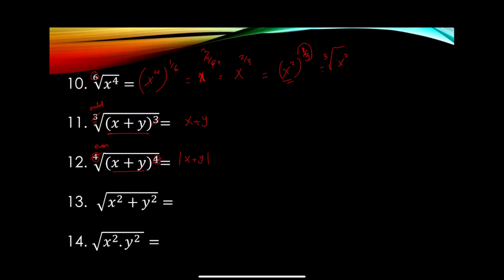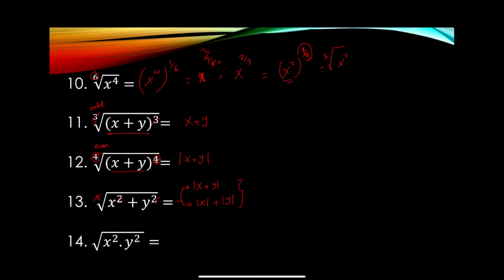Example number 13, and be careful here. I've seen a lot of students do the following. Either they do, the answer is the absolute value of x plus y, because it's here too. So they cancel. And some of them do the following, the absolute value of x plus the absolute value of y.